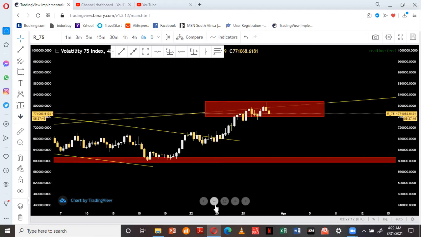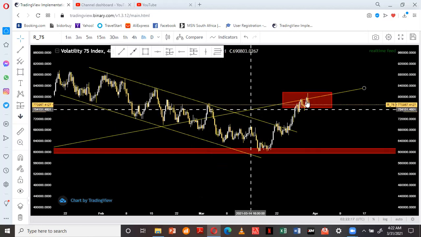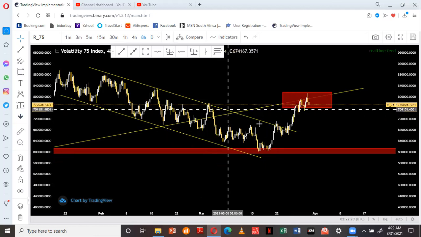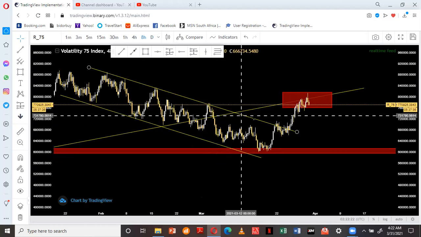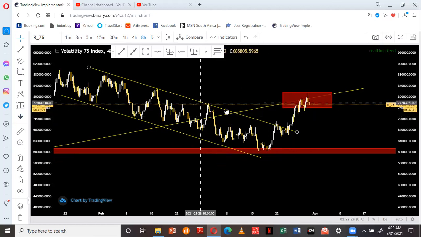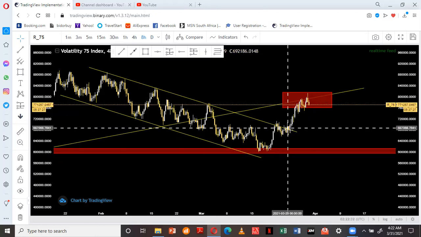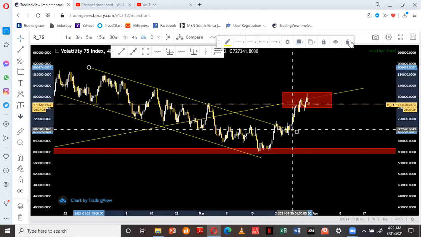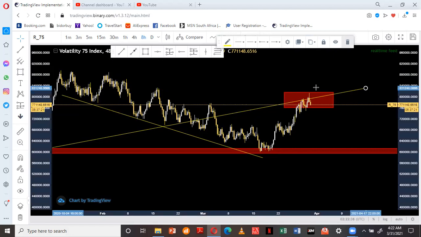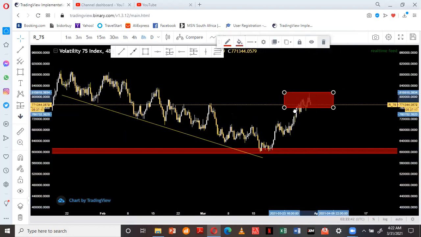Since we have a rejecting candlestick here, and the trend line that has been broken is now being retested, and we had this channel here that has been disrespected, we can clear them, keep them in head, so that we have a clean chart to analyze. I like it when the chart is clean.